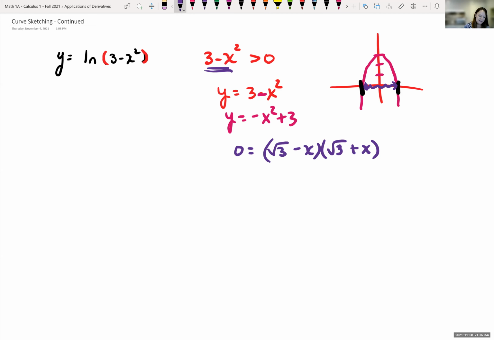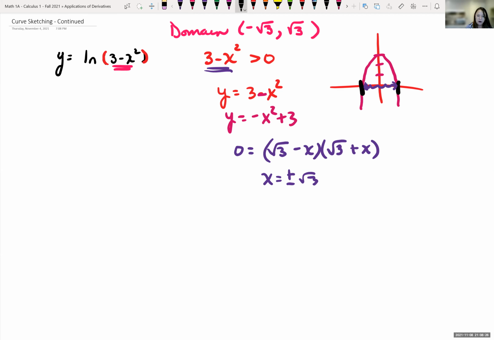Or we could isolate x squared and take the square root of both sides. So we get x is plus or minus root 3. Okay, so that was just to find my domain of what we're taking the natural log of, the domain of that natural log of 3 minus x squared. So my domain here are all values between negative square root 3 and root 3, not including.